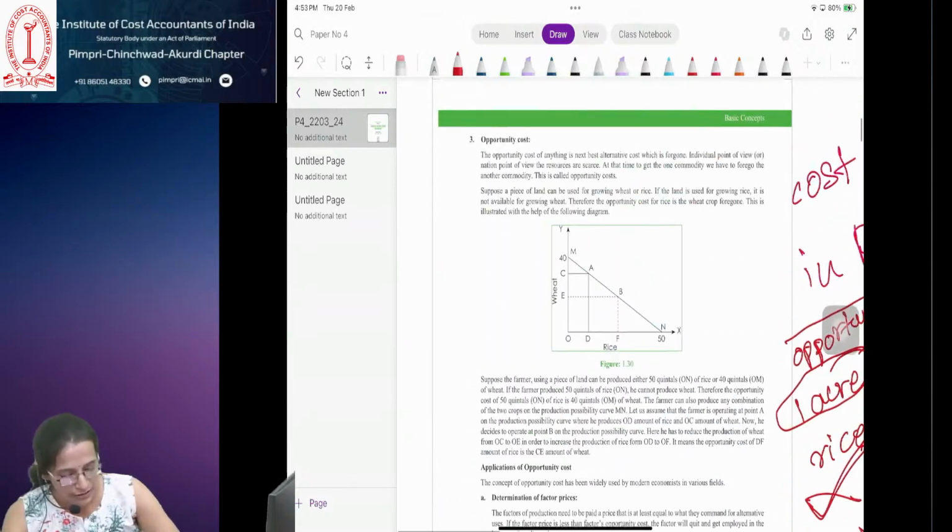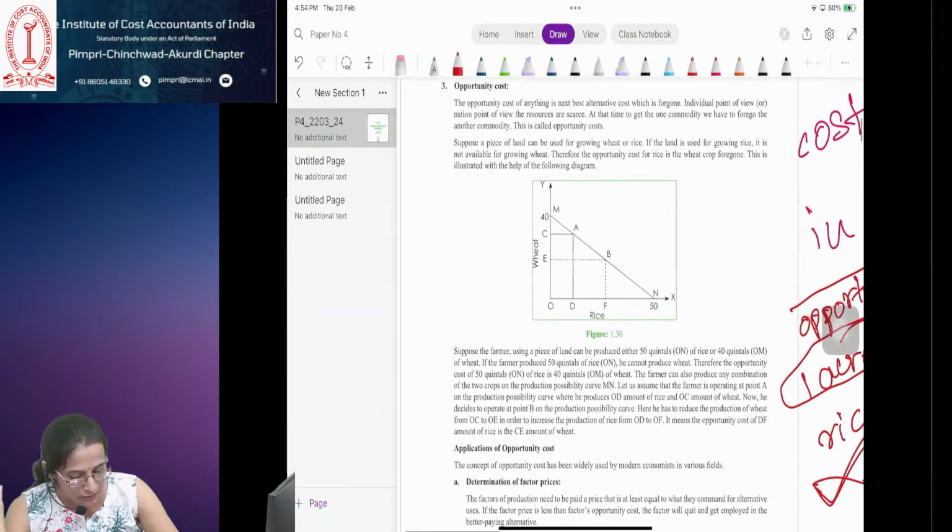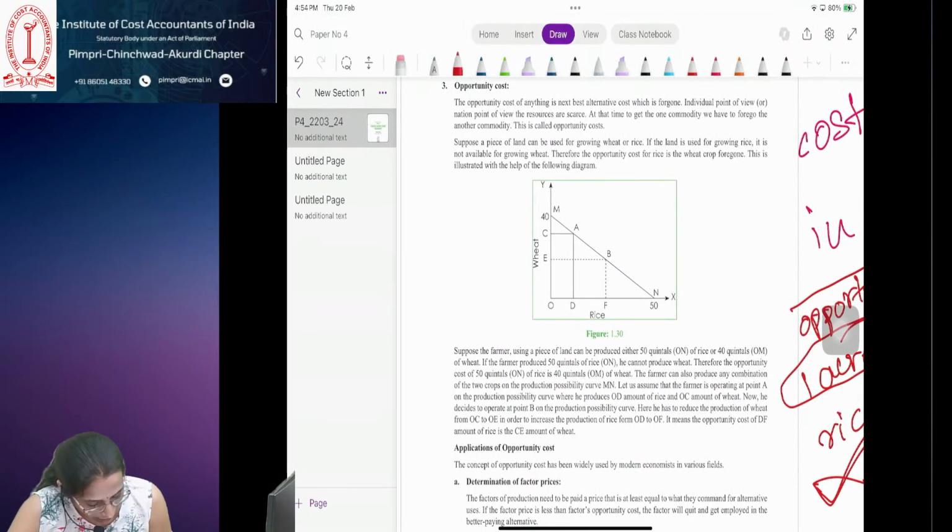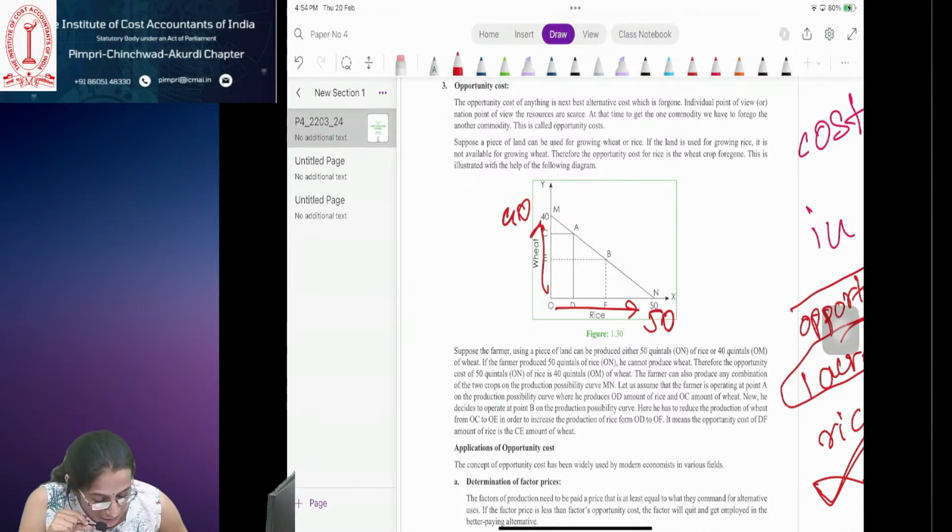Now we will discuss this. See, they are shown in this diagram. Rice, they have taken 50. We took different amounts, but they have taken 50. And wheat, they have taken 40. Okay, so what are they saying? The opportunity cost of anything is the next best alternative which is foregone. From an individual point of view or a nation's point of view, the resources are scarce.